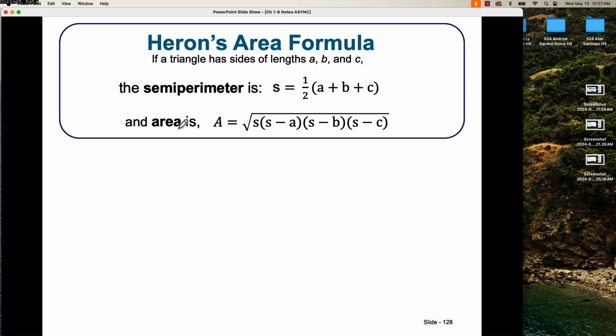The area, using capital A for area, and in today's video this is our fifth formula for the area of a triangle, is the square root of s times (s minus a) times (s minus b) times (s minus c).